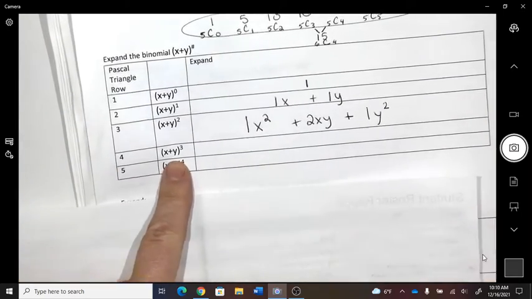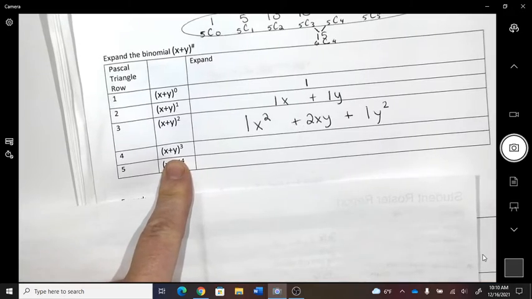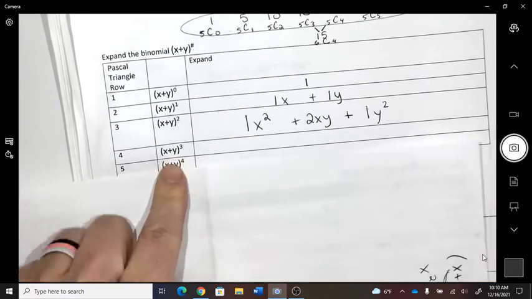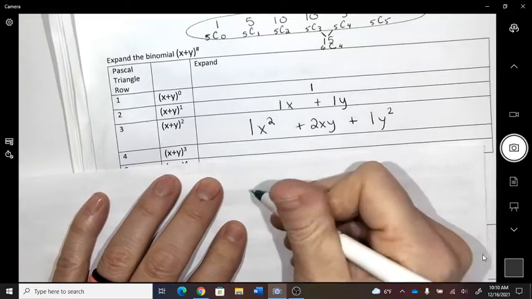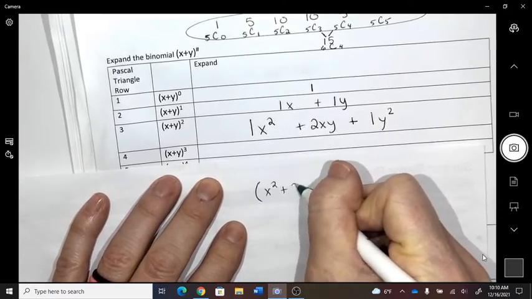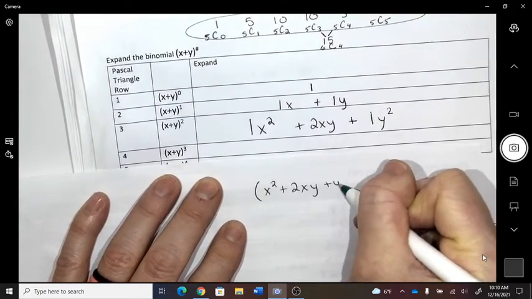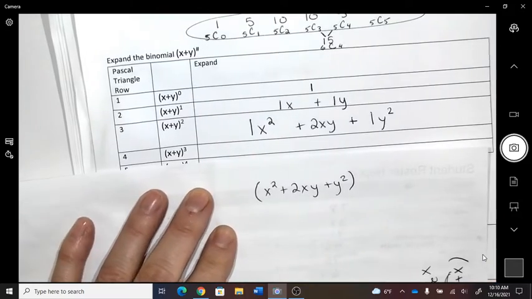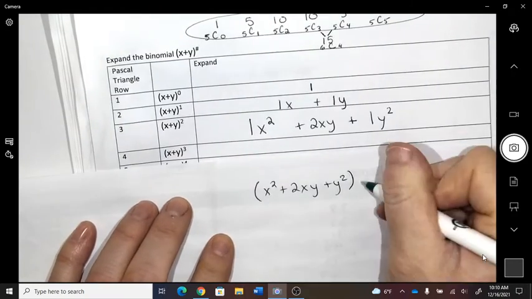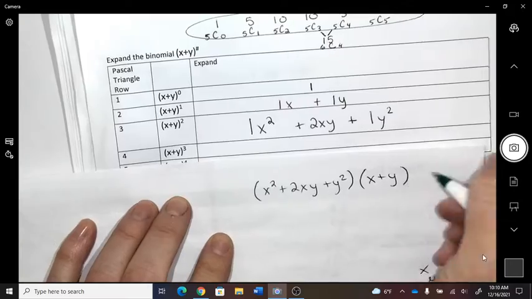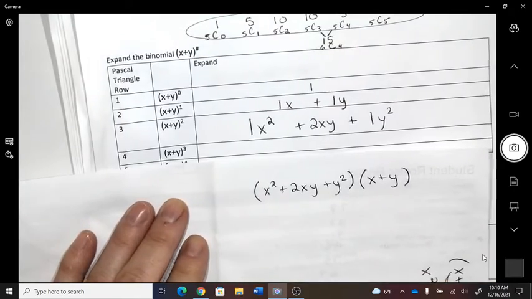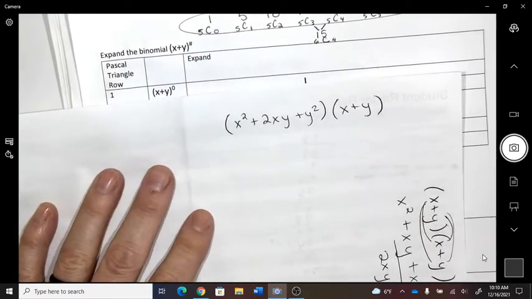Okay, cubing. You'll never have to do this. I'm just going to show you the long way just so you can see what's happening. So when I cube it, I'm going to take what I did when I squared it. So that was the already squared. And now I have to do another multiply. So here I go by hand.